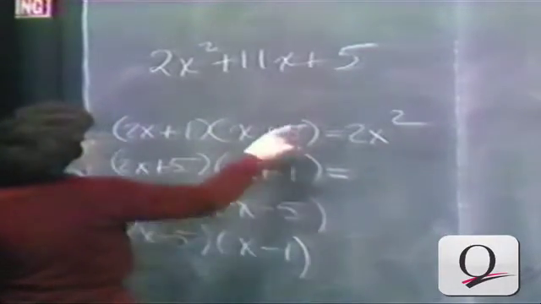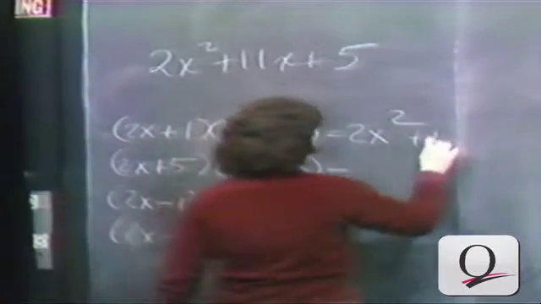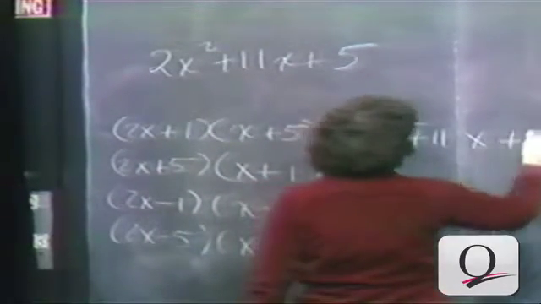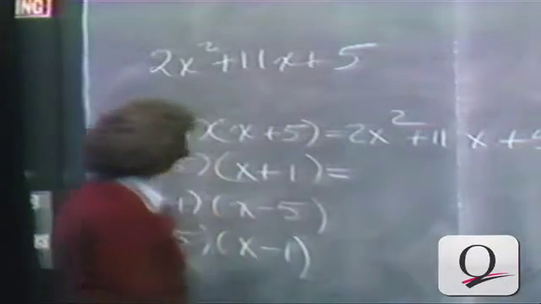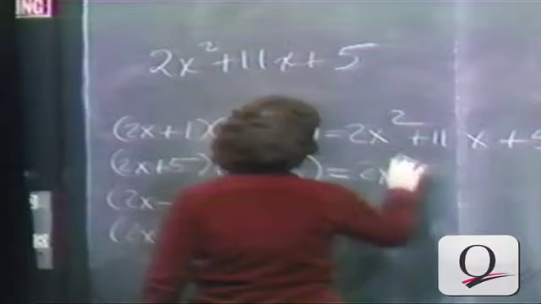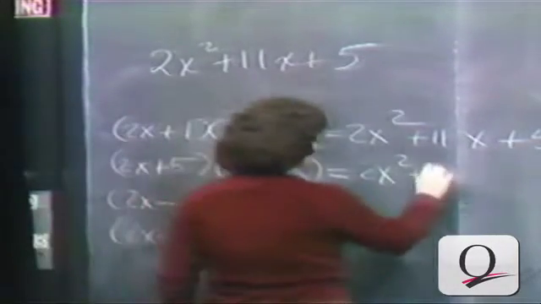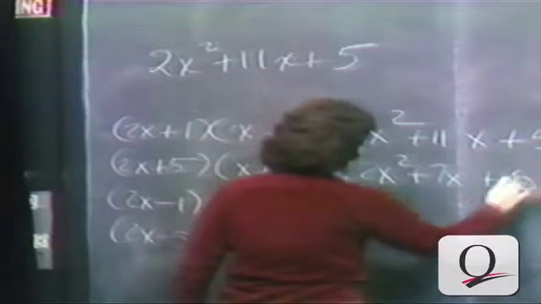Okay, this first one, the first term, of course, is the 2x squared. The outer is 5 times 2x, 10x. The inner is 1x. That's the 11x that we want. The last is 5. But this one would give you 2x squared. The outer is 2x. The inner is 5x. That's 7x, also plus 5.